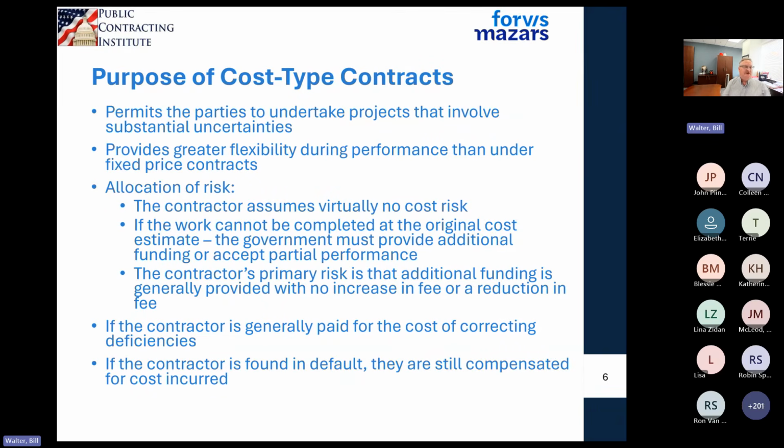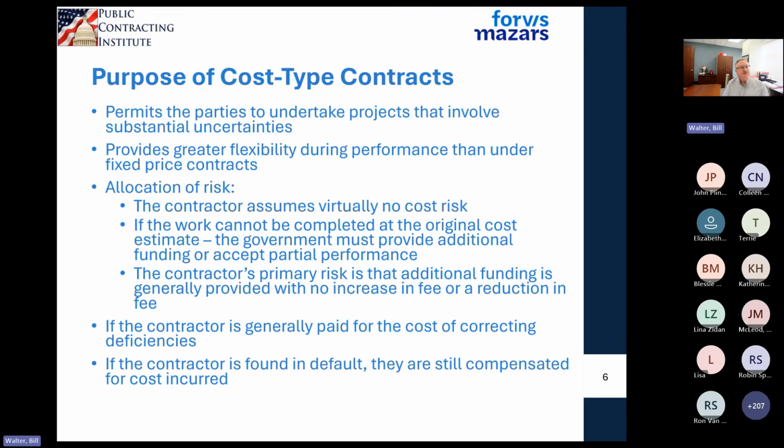Oftentimes, there are base operation type contracts, which is basically weeding, mowing, providing maintenance support around a military base. Well, oftentimes those are cost reimbursement type contracts because the government doesn't know what buildings are going to require maintenance. They know it's going to be painting, an addition, fixing a roof, replacing some windows, checking on different things.